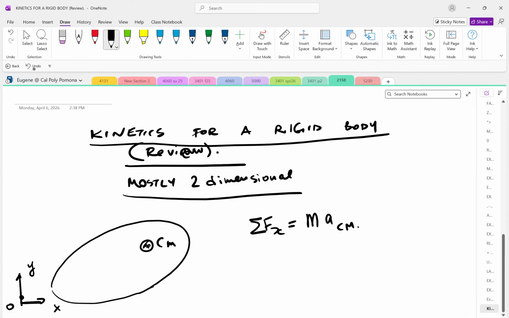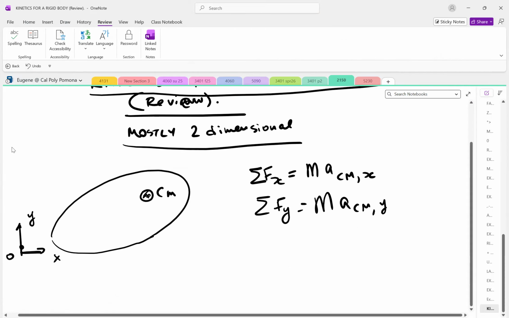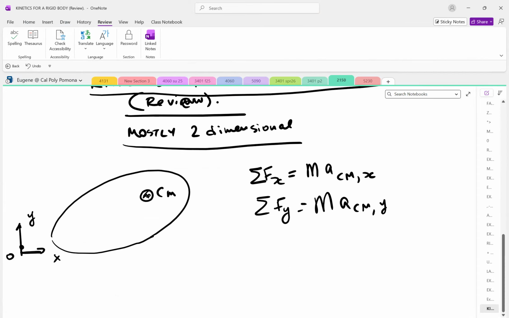Acceleration of center of mass in the X direction. Sum of the forces in the Y direction equals mass times acceleration of center of mass in the Y direction. And we had sum of the moments about O equals I_O alpha.